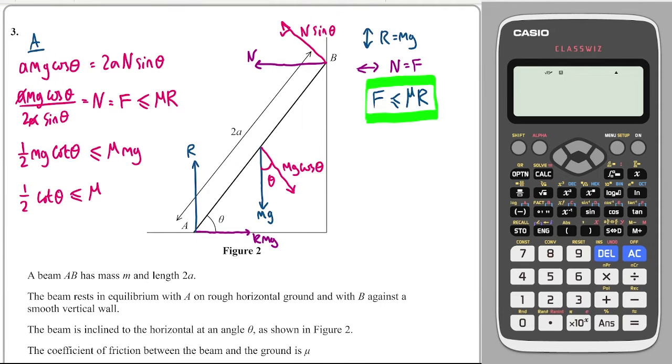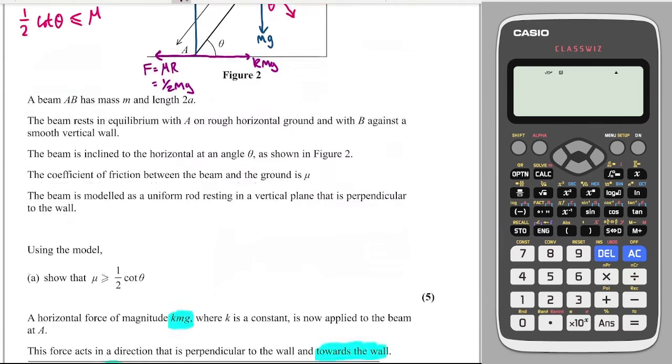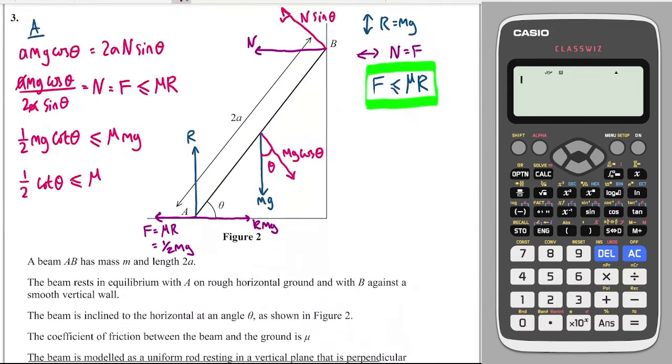So friction is going to counteract that and try and keep it where it is, and it's going to push it in this direction. And the frictional force will be at its maximum in order to keep it in position. So it will equal mu r, which means it will equal a half mg, because we know that mu is a half from that bit of information. Yes, good.